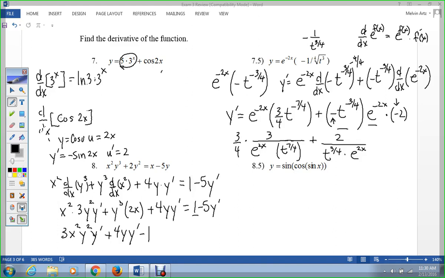We want the plus 5y prime. So we'd have plus 5y prime equals 1 minus 2xy cubed. And then we could factor out our y prime, and then we could divide over the factor that doesn't contain the y prime.